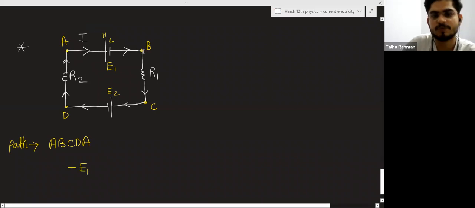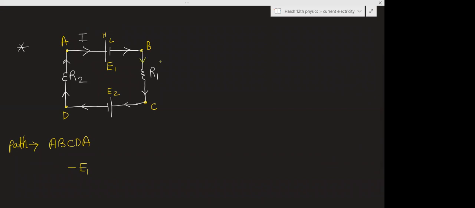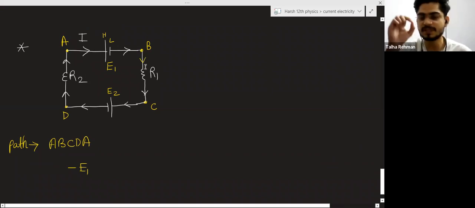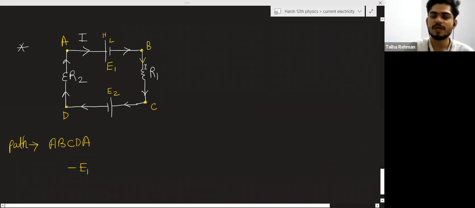Now A to B is done. Now B to C. In B to C there is a resistor, and see here the direction of current. We will see the direction of current when we are crossing the resistance. The current is flowing like this, means from higher potential to lower potential.